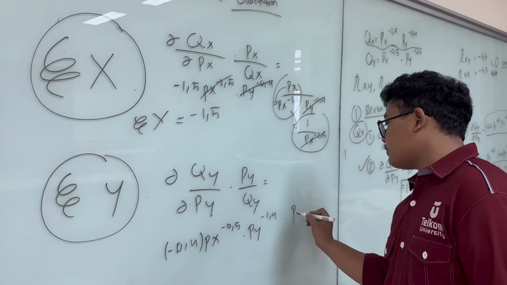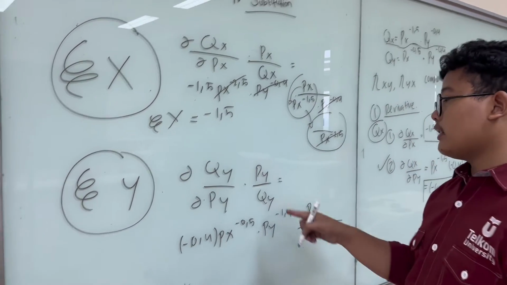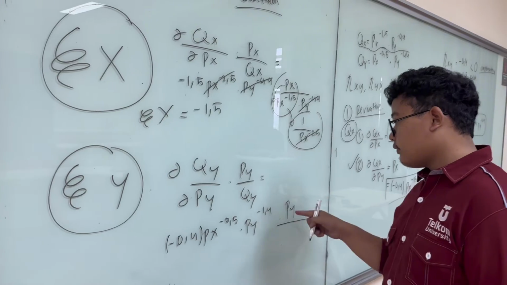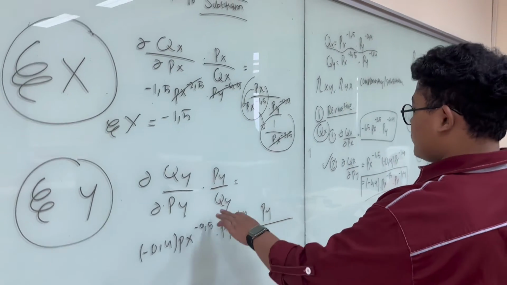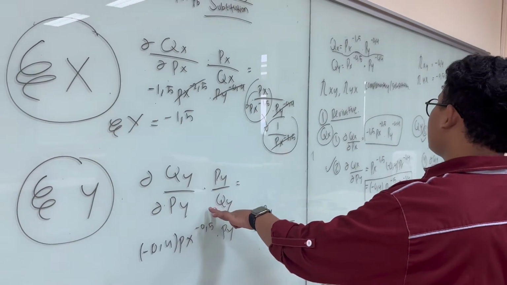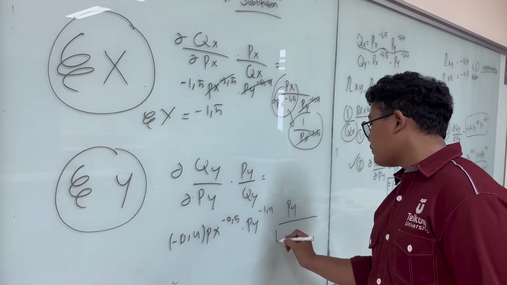Times py, because we don't have the value of py yet, so we just write it back here, and also divided by quantity of y. We just put the function of quantity y.